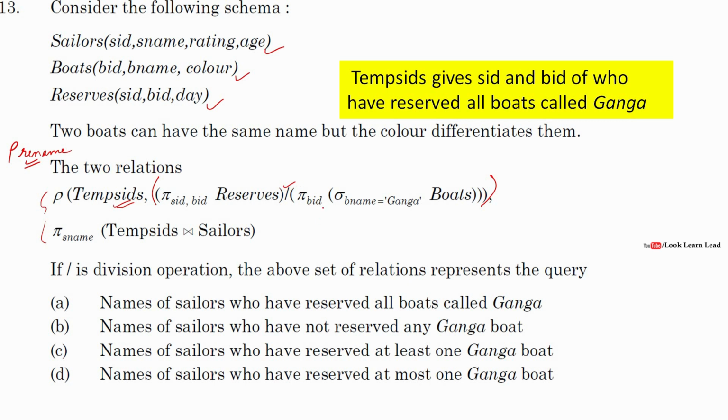What we are getting here is, from boats, we are selecting all the boats whose name is Ganga, and we are projecting only the BIDs of all the boats whose name is Ganga. We are taking this only.